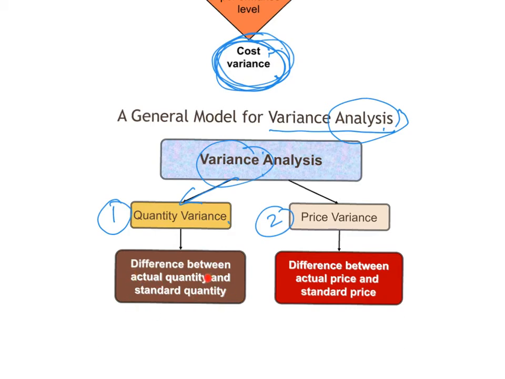Actual quantity is the actual amount of input or direct materials that you use to produce one unit of product. Standard quantity is what you have already written down in your standard cost card: how much should you use to produce one unit of product. That is the standard. So when the actual quantity and the standard quantity are not the same, they give rise to the quantity variance.